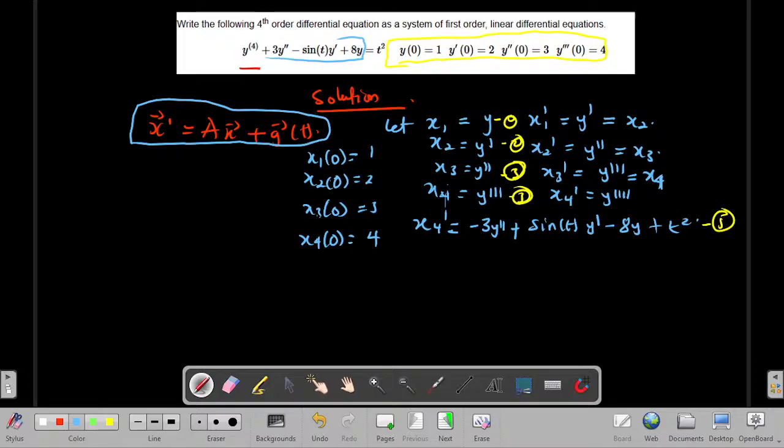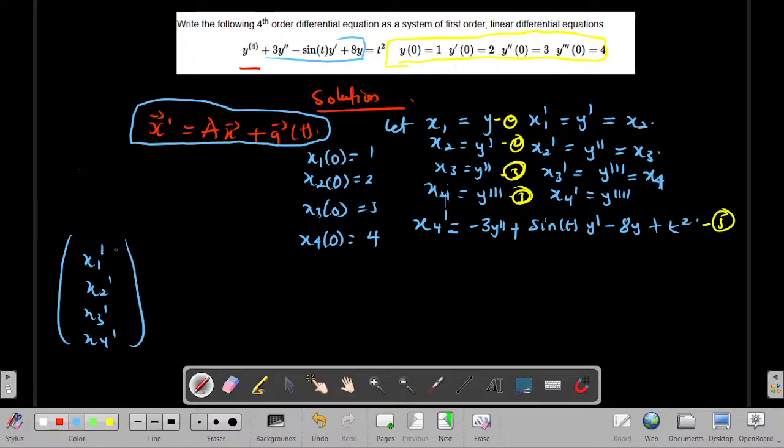Okay, so with this, we simply have the four different ones on my left side. So that's going to give me something. So I have this side of the equation giving me x1 prime, x2 prime, x3 prime, x4 prime in one system like this.